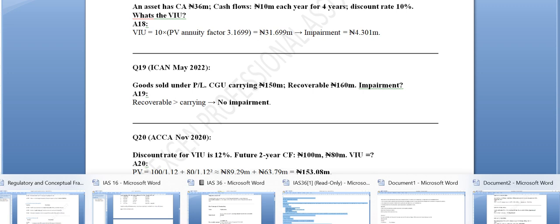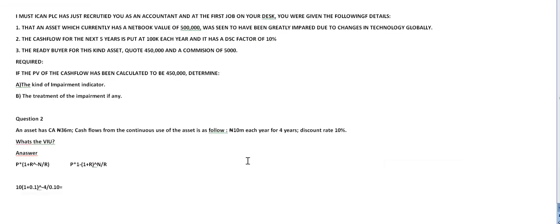Now, it's better you practice and know this annuity because you don't have the time in your exams. We can as well do this thing one after the other by using 1 plus r raised to power minus n, and we'll do it year by year.